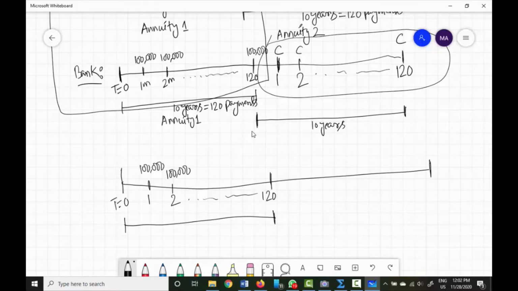First of all, we need to find out how much you will be able to save by making these payments.